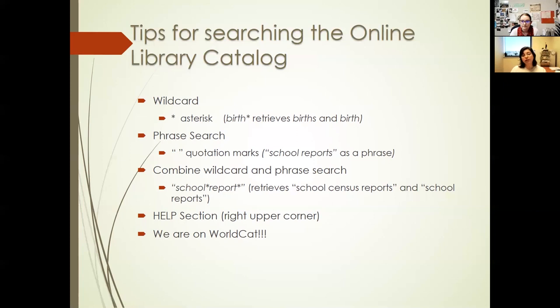But again, the wildcards, the asterisks, are very important, and quotation marks will search for two words or more as a phrase. You can combine wildcard and phrase search. So you can have school, asterisk, report, asterisk, and it will retrieve school census reports and school reports. And there is always a help section or help corner on both the Gateway and the online catalogs for the archives, for the library, and for the newspapers.